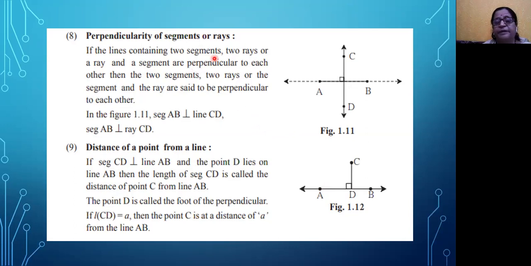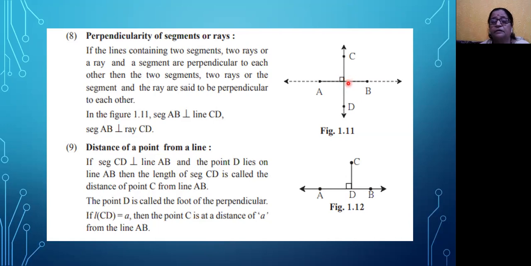Next, we are going to study the perpendicularity of a segment or a ray. It may be a segment or a ray. Here, AB is a line and we can consider CD a ray. AB is perpendicular to CD, or we may read it as CD is perpendicular to AB. Here we get a right angle.